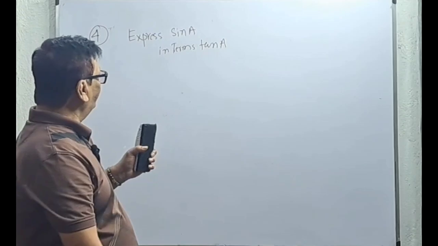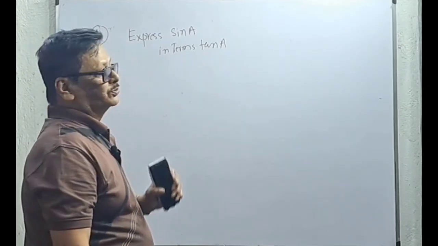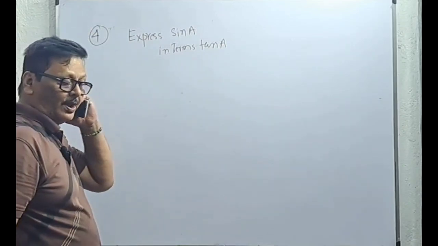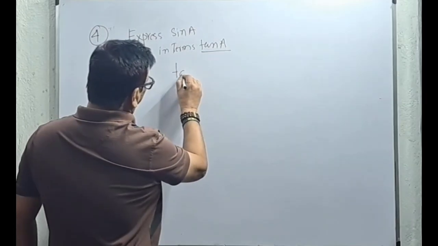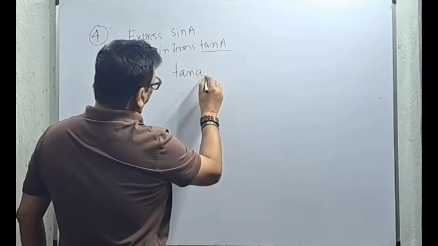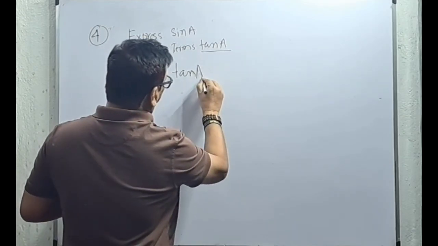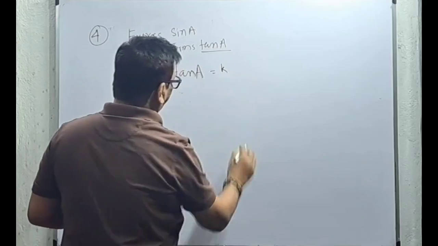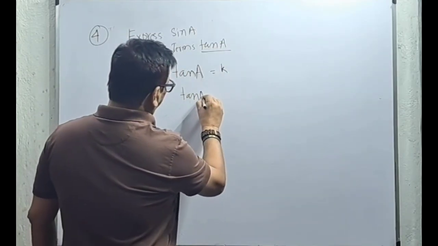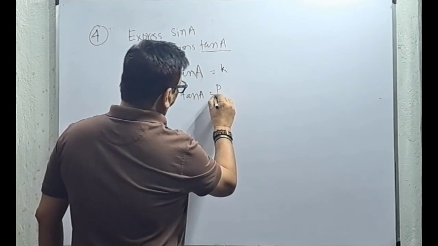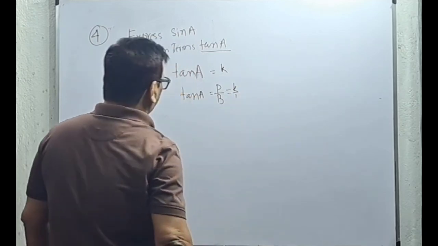Understood? Now question number 4 sometimes is very much confusing to the students. Now whenever you get this type of sum, in terms of tan A, right? Put tan A is equal to K, right? That means tan A is perpendicular by base, so K by 1, right?